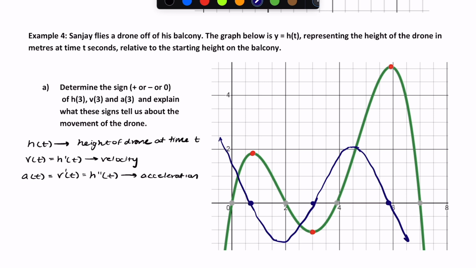And so we see that that would represent v of t, and then to represent a of t, again we see that wherever there is a local max or a local min, that's where our quadratic will be. And so here we see that at this point and at this point is where we'll be able to draw our quadratic.